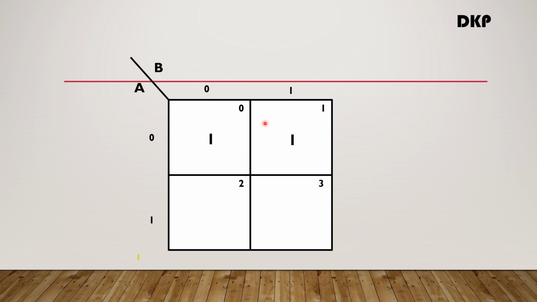There is another criterion for grouping, that is, first you have to read the cell name. So what is the name of this cell? This cell belongs to first row, first column. That is, first row is 0 or A bar and first column is 0 or B bar. Therefore, the name of this cell is A bar B bar or M0. M0 is the minterm.